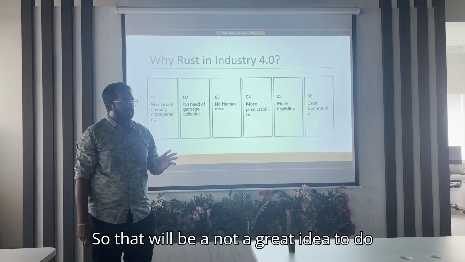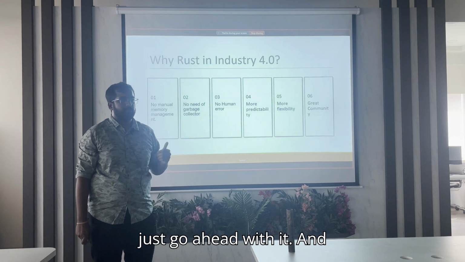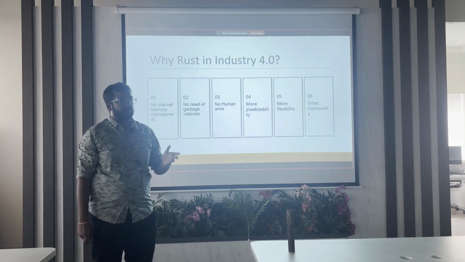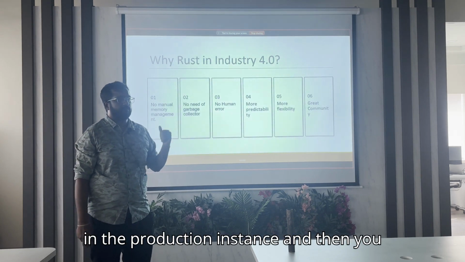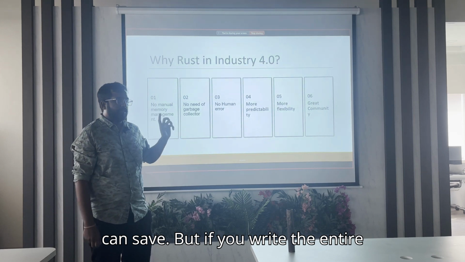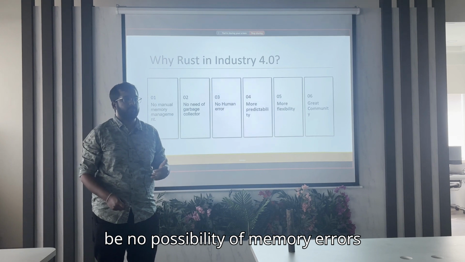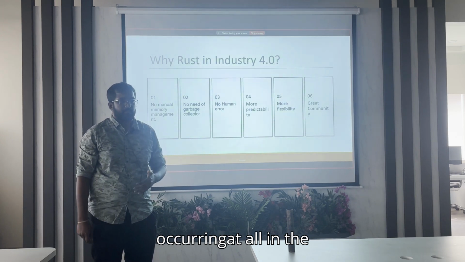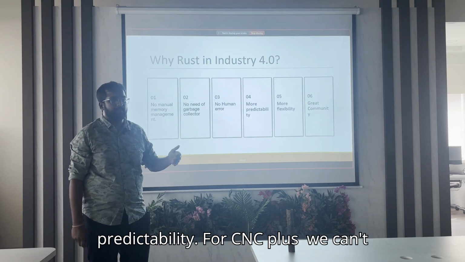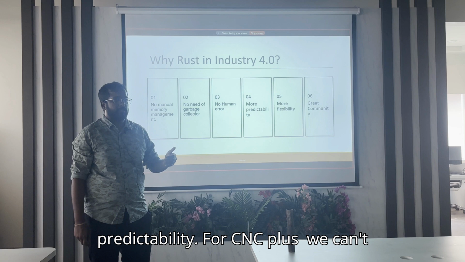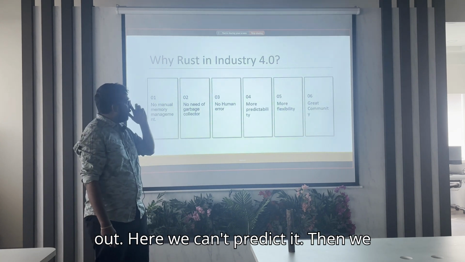That would not be a great idea, but we do it anyway and just go ahead with it. And then there are several bugs in production itself, and then you fix them. But if you write the entire operating system in Rust, there will be no possibility of memory errors occurring at all in production. So that's why there is more predictability. For C and C++, we can't predict if something may or may not work out. Here we can predict.